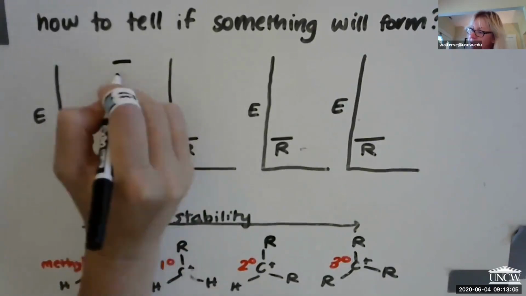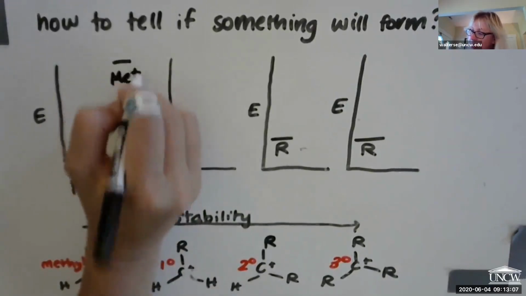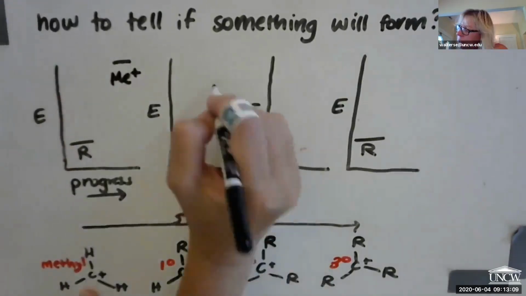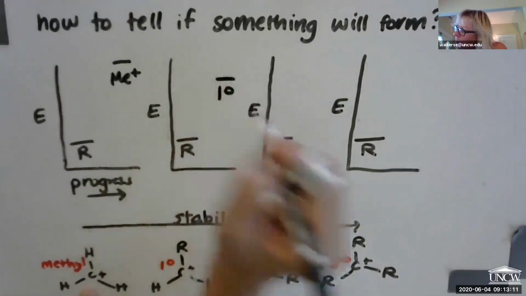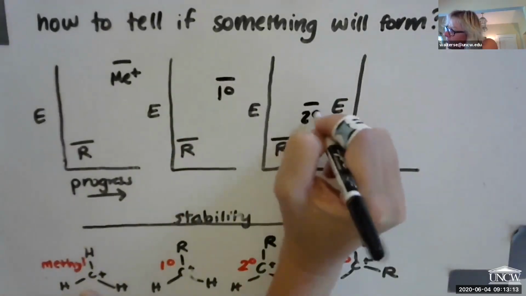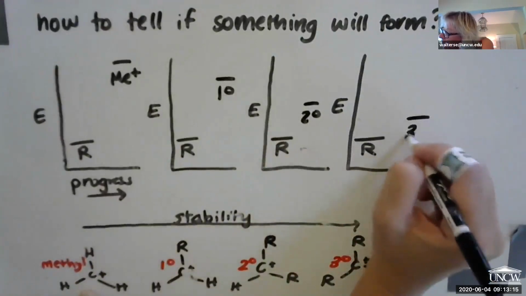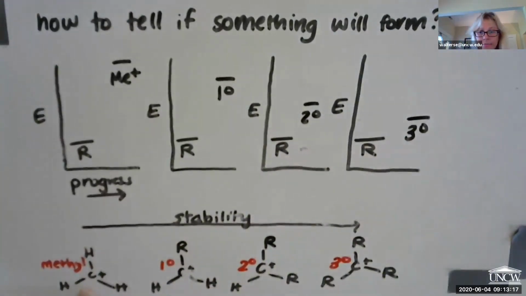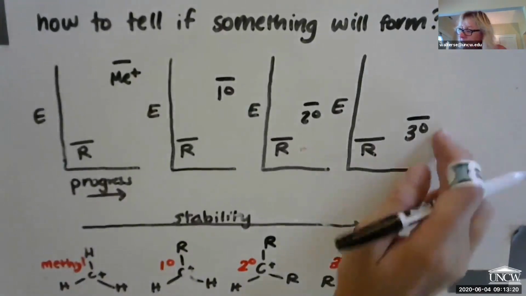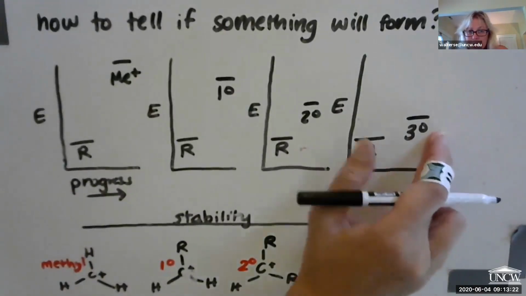So this would represent the methyl carbocation, primary, secondary, tertiary. High stability means it's a low energy species.